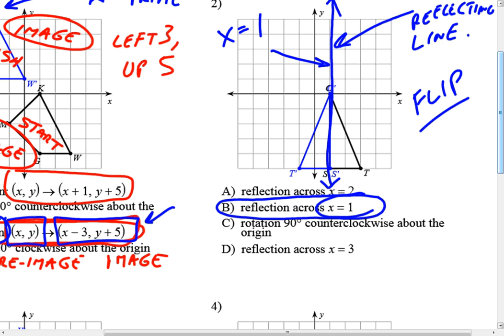It's going through the x-axis at 1. Could everybody tell that this was probably a flip and not a rotation? Yes. If you have multiple choice in front of you on a test, go ahead, reduce your choices. We can at least get rid of the rotation.